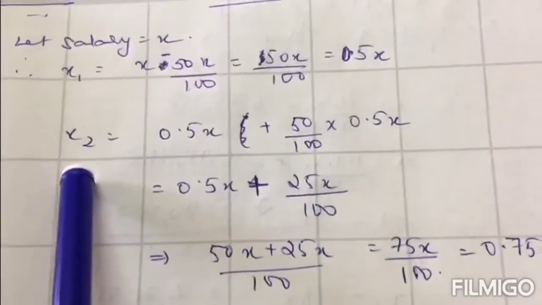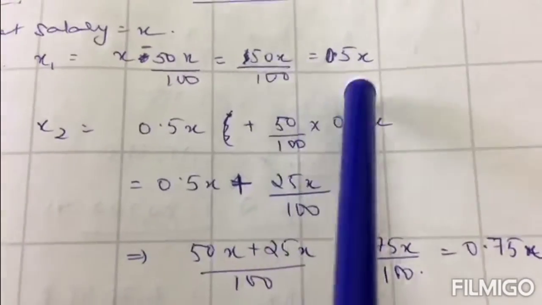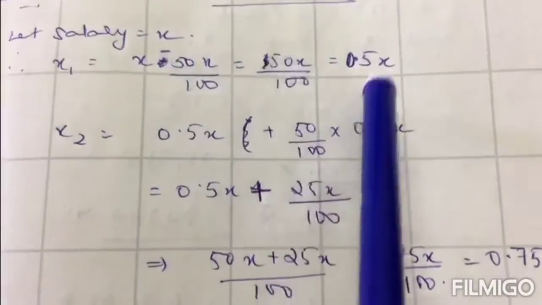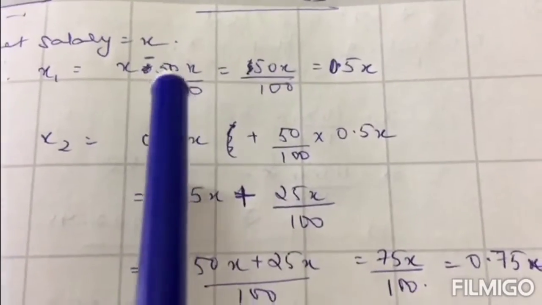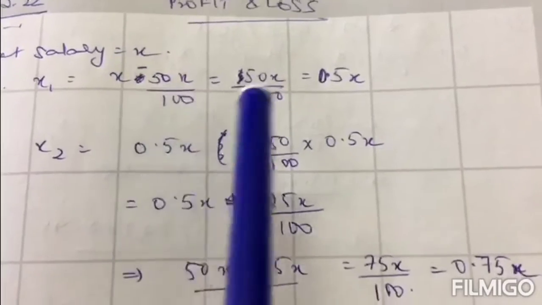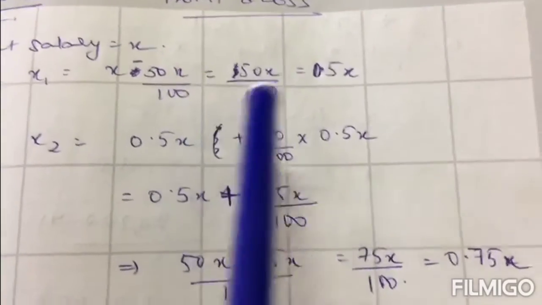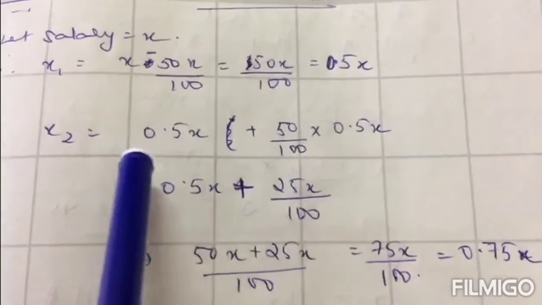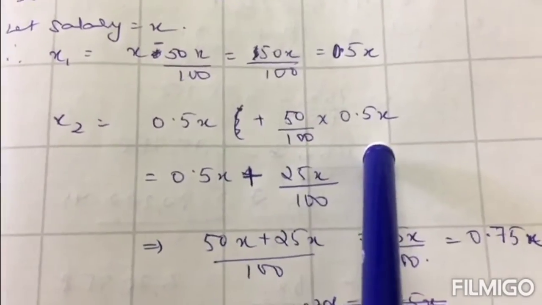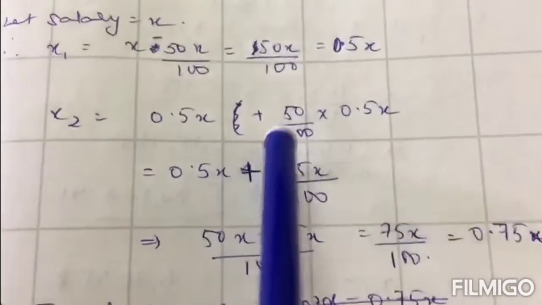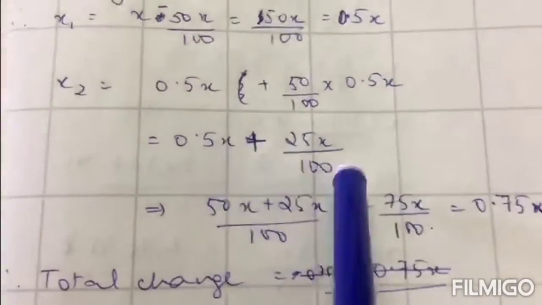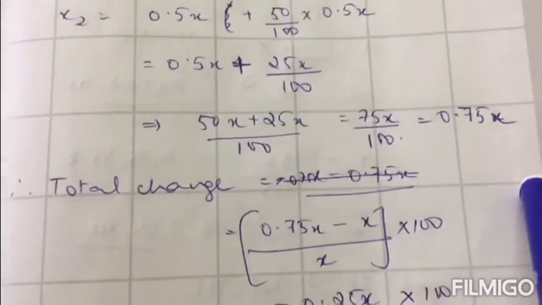So the new salary X2 would be based on 0.5x, not the original salary, because the question says the salary was reduced by 50%, then increased. So after reducing it by 50%, they are increasing it again by 50%. So 0.5x plus 50% of 0.5x, which is nothing but 0.75x.